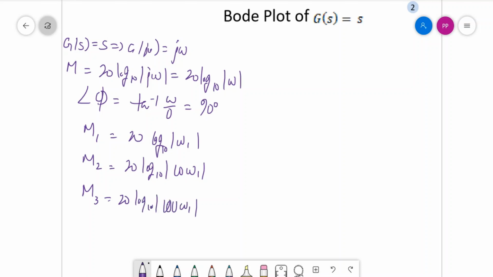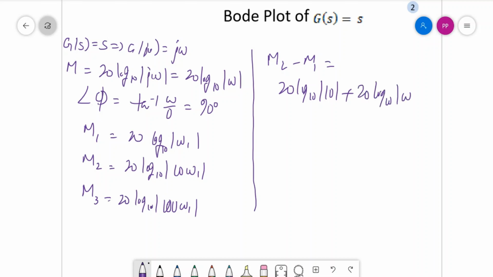Now you find the difference in the magnitudes, that is M2 minus M1. This is equal to 20 log base 10 of 10 plus 20 log base 10 of mod ω, and minus M1 is minus 20 log base 10 of mod ω1.